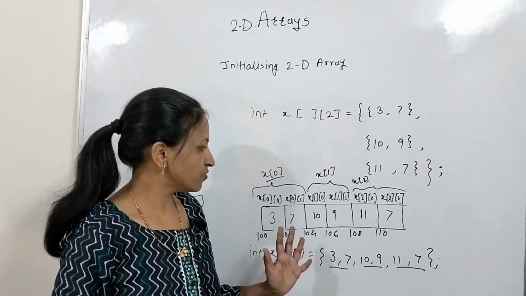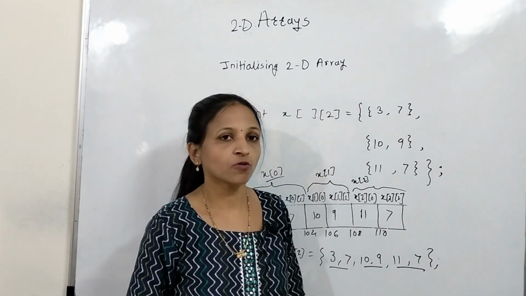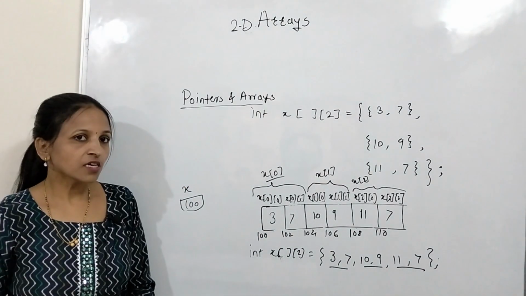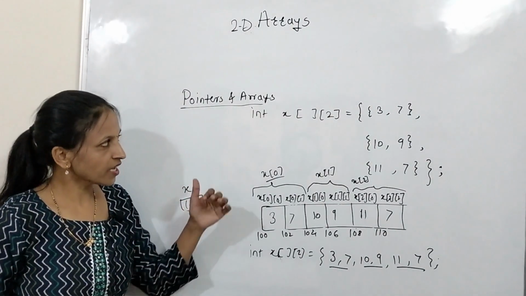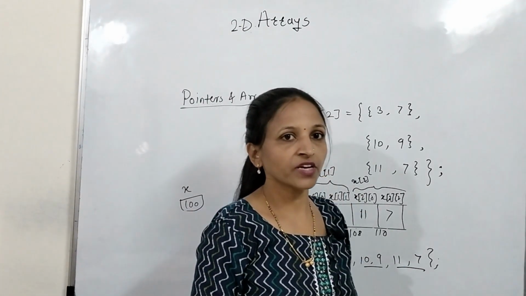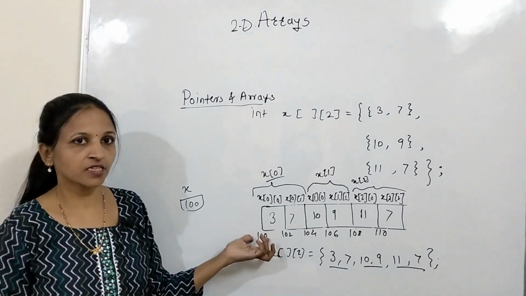We can fetch individual elements of the array using pointers. Okay, how to do that I am going to explain now. Pointers and arrays. See, we know that the array name itself holds its base address. That's why x is an array name and it will hold the base address. Suppose you are displaying x, then you will get the base address, that is the address of the first element of that array, that is 100 here.